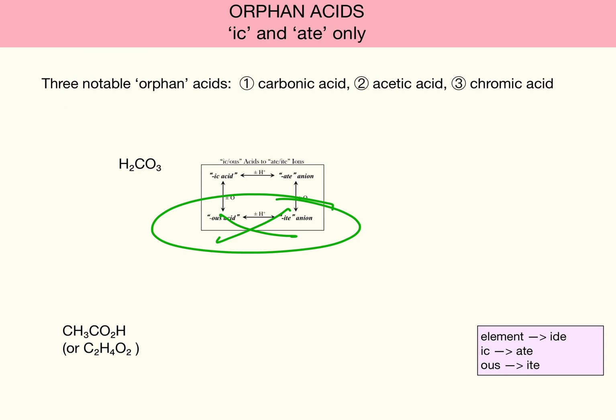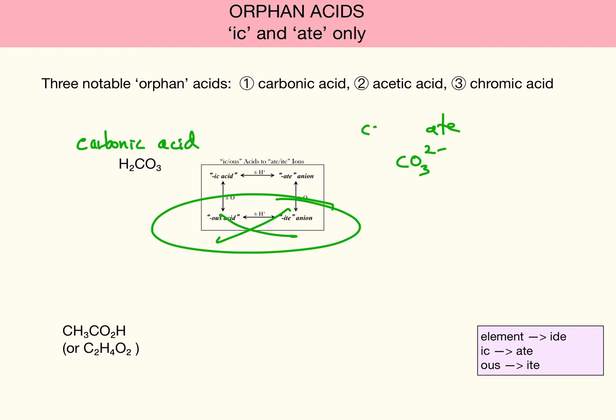So now recall, H2CO3 is carbonic acid. And so what's its sibling called? Well, we're going to get rid of the 2 H's. So we're going to be left with CO3. We lose 2 protons, and we're going to name that, well, we know it's going to end in ate because ic acids go to ate anions.